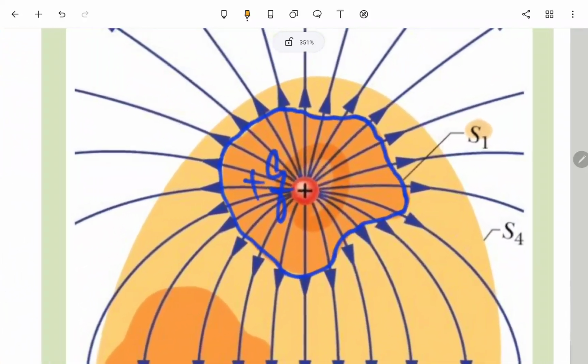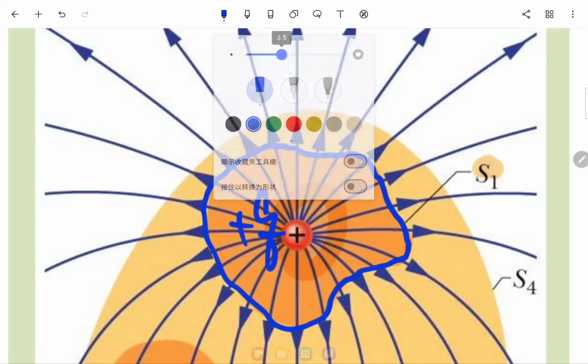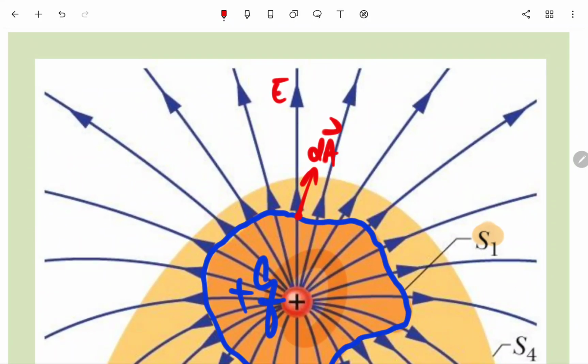As you can see for S1, all the E field lines are going out. For example, for this one, dA is pointing that way, and this is the E field, so E dot dA, even though it is not 0 degrees, is an acute angle, less than 90 degrees, and cosine of an acute angle is positive.